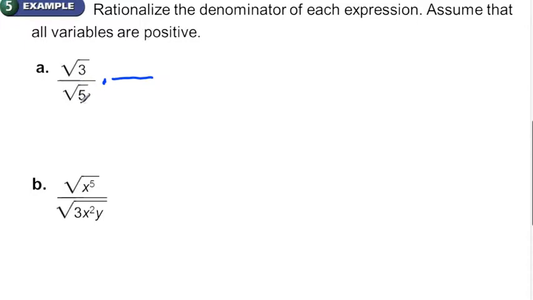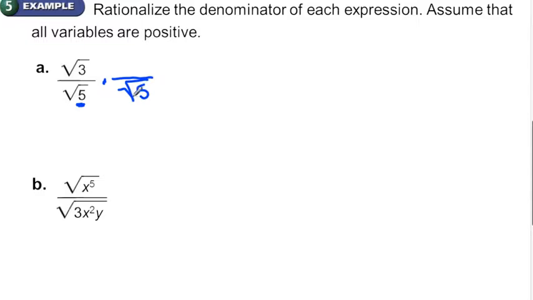So what times the square root of 5 would give you an integer, would get rid of that radical? The easiest thing we found is to just do square root of 5, especially if this is a prime number. Okay, so multiply that by square root of 5.